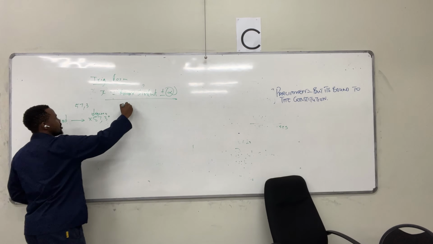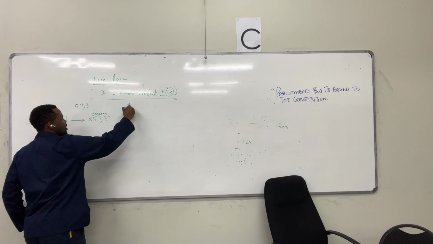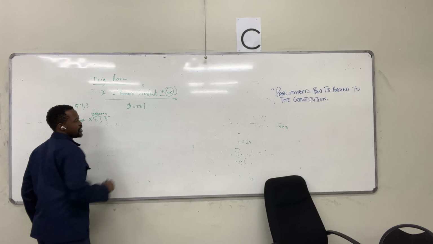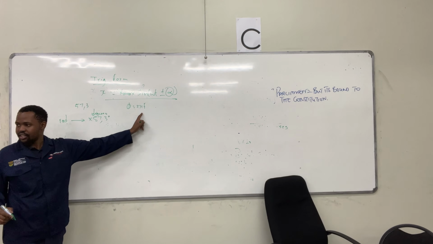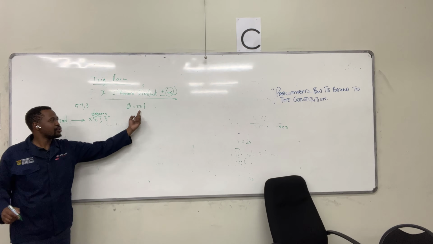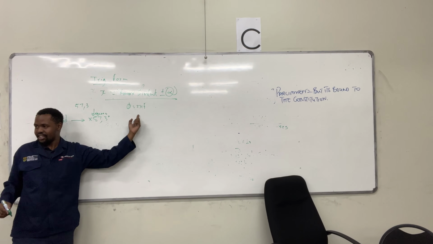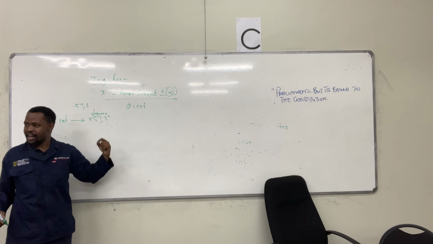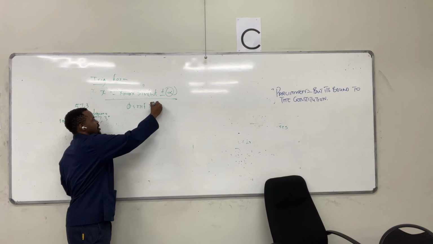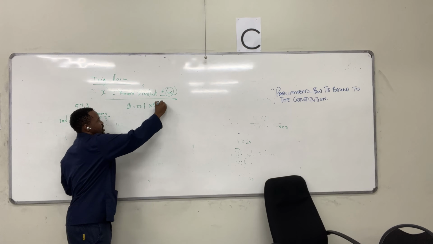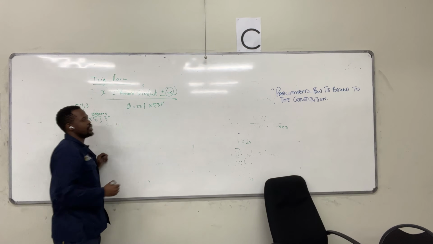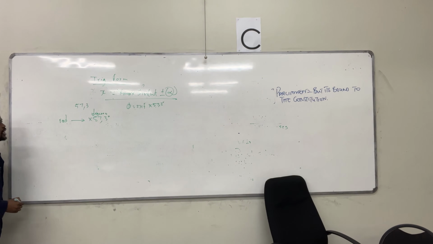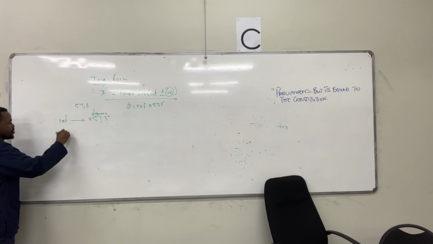For example, omega t is equal to 2 pi f t. This is in radians. Immediately we know that because of the pi, the angle is in radians. Multiplied by 57.3, you get it in degrees.